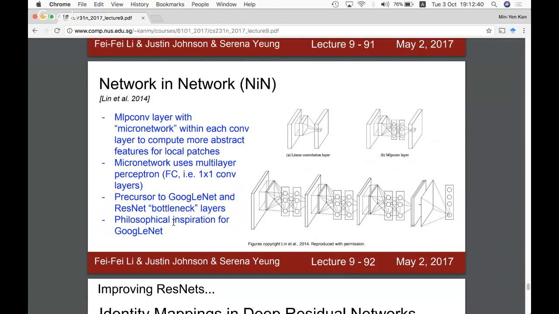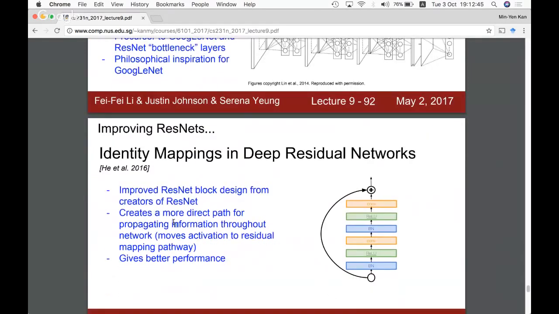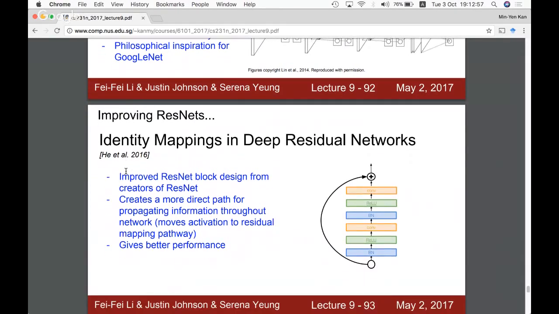In the next couple of papers, we'll mostly be seeing how to improve ResNets. This paper was published by the same authors as ResNet, who were continuously working on improving the models.